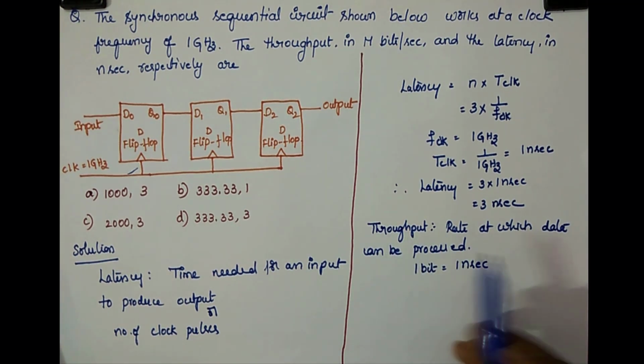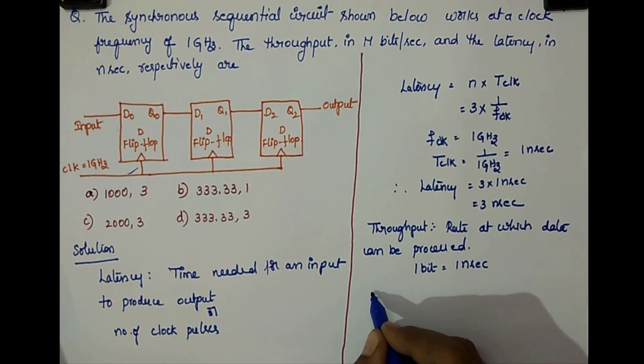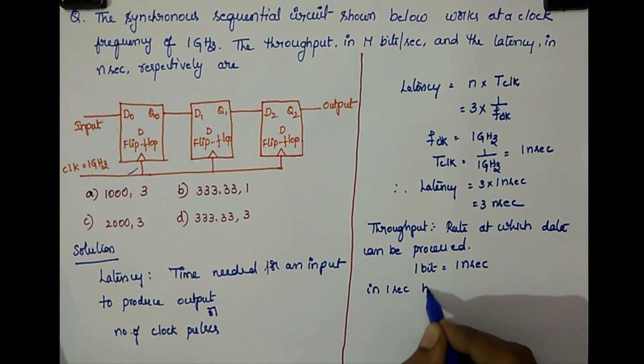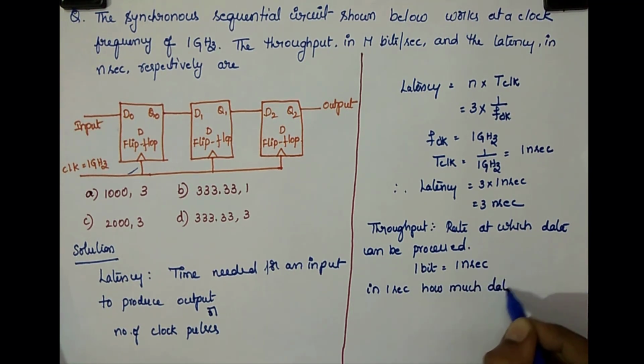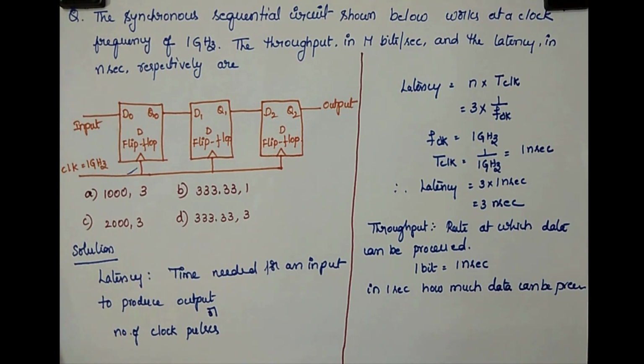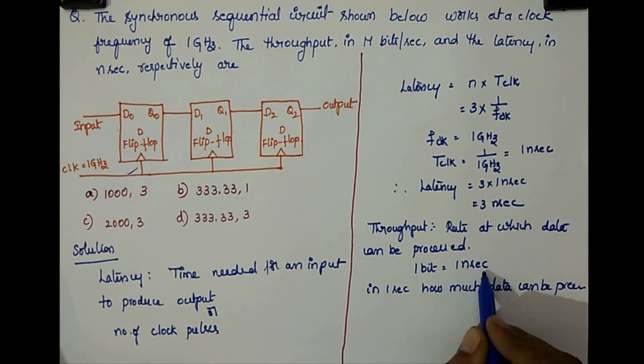Now throughput is, in 1 second, how much data can be processed. So in 1 nanosecond of time, 1 bit of data is processed.